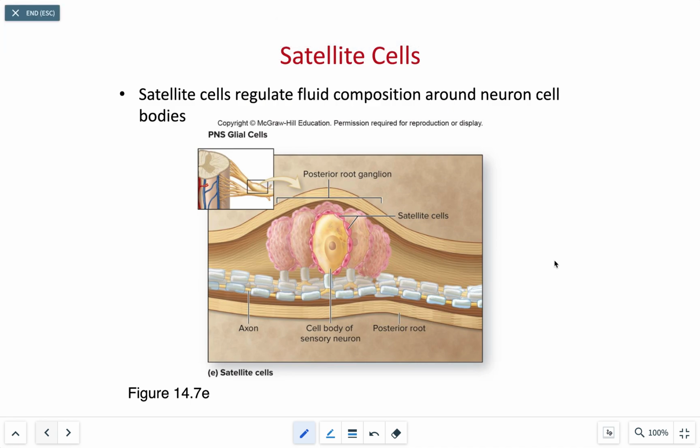Today's lecture will be on the peripheral nervous system glial cells, and the first structure that we'll be talking about are going to be the satellite cells. As pictured in this illustration, each of these cells is going to encase or wrap around the periphery of each individual neuron cell body, or when you put a group of neuron cell bodies together, they form a ganglion.